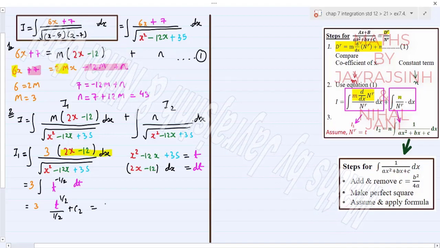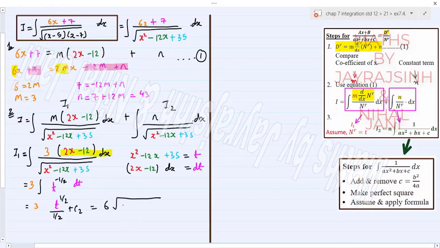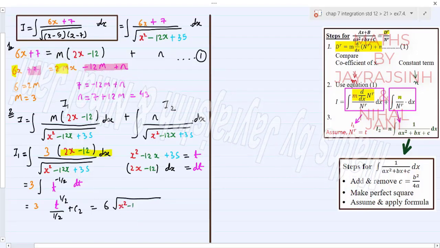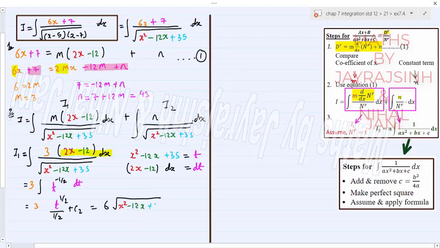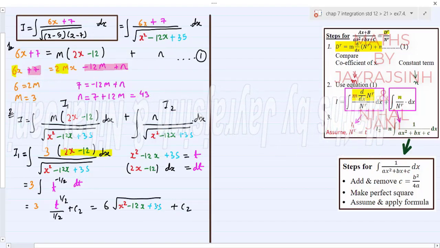Or we can say we will get 6 times under root of t, which is x square minus 12x plus 35, plus c2. This is your I1.